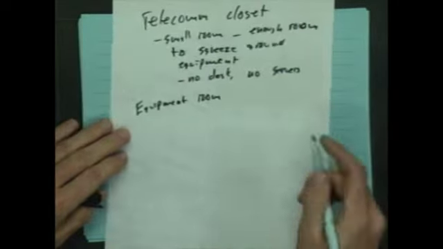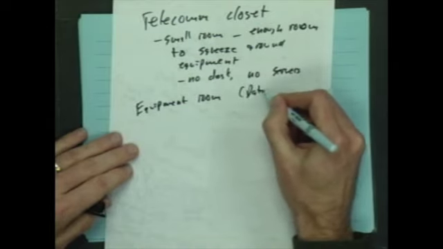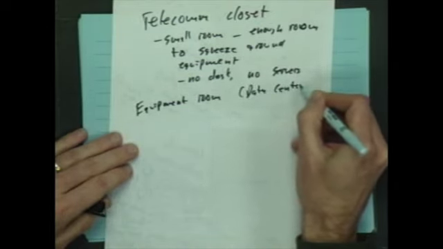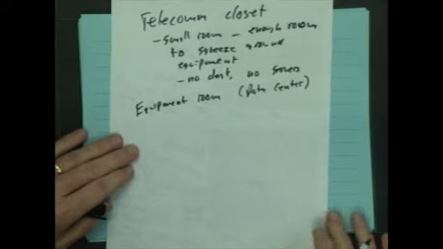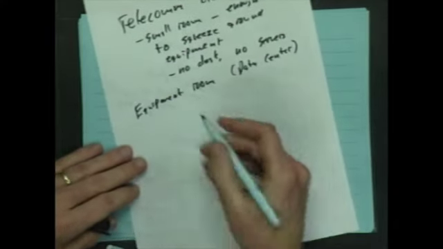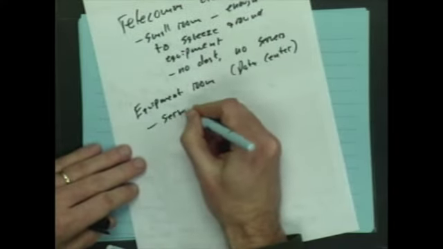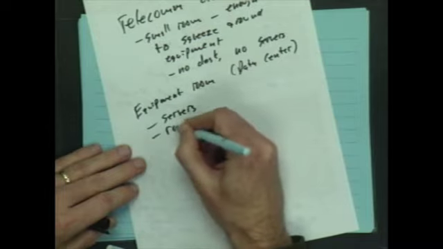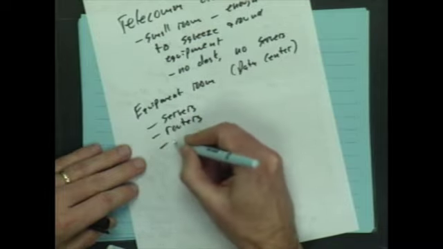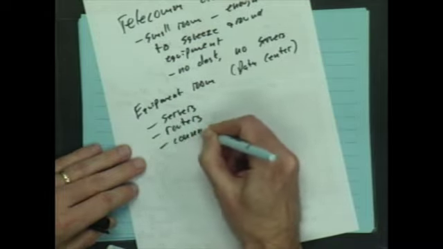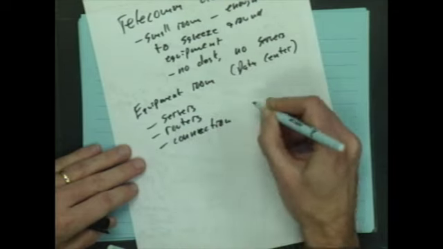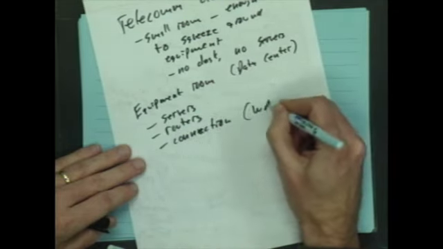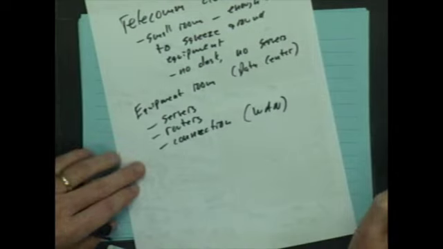In a large building, they would actually call this a data center. This is where all the big equipment goes. We're going to put servers and our routers in here. We're going to have our connection to the outside, so any of our WAN stuff is going to be in this room.